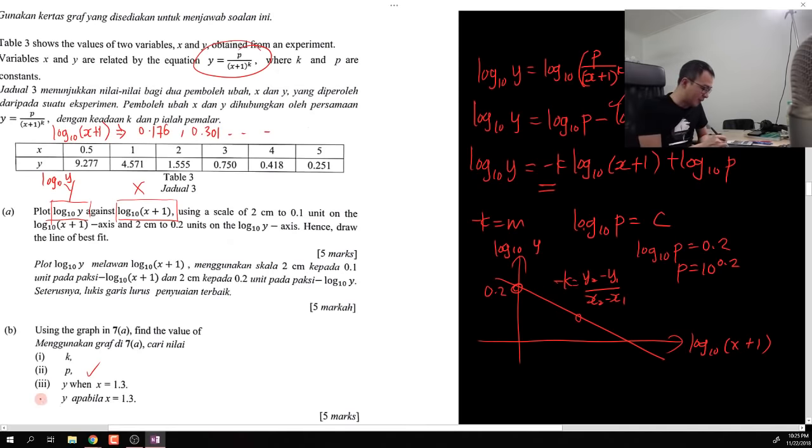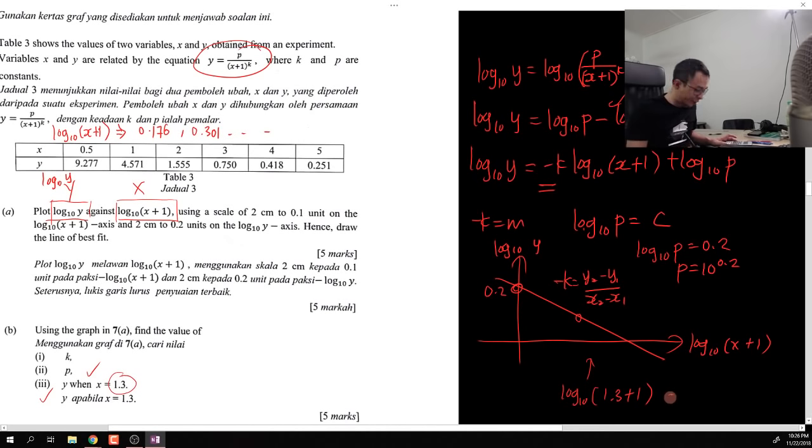And then lastly, this part asks you to find the y value when x equals 1.3. But from the graph itself, you don't have x value here, so don't confuse yourself, because x is equal to 1.3. So when I want to find from my table, I need to do log 10 1.3 plus 1, because x is 1.3, right? Then I will type in the calculator log 2.3.